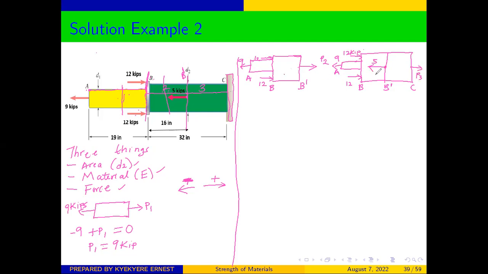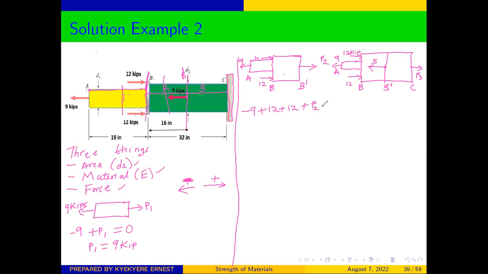So from this and that, we can determine the values of P2 and P3 from the different free body diagrams. So from here, we can see that the 9 is going to the left, and that is going to be negative 9. This 12 and this 12, they are all going to the right, so they will be positive. You can call them plus 12, plus 12. And we have our P2 also going to the right.